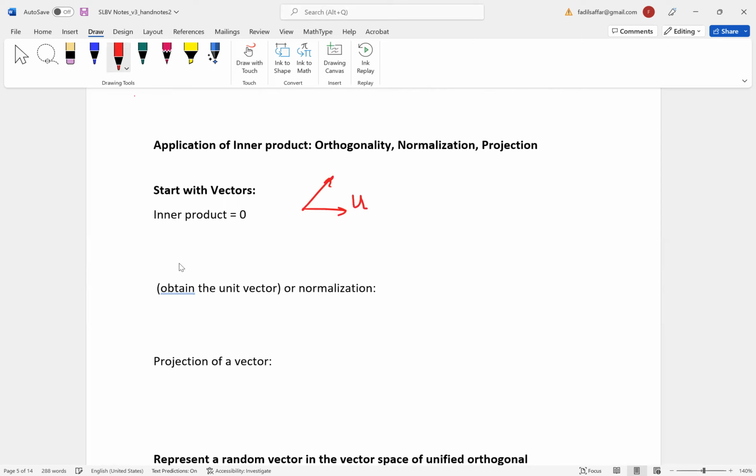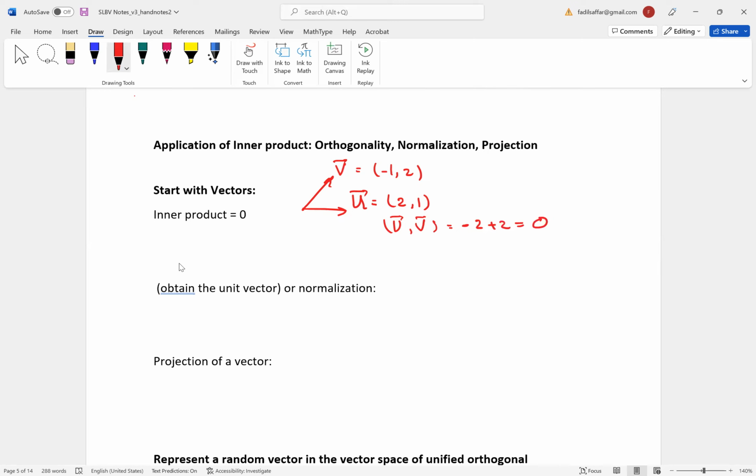So if we have u equal to (2, 1) and v equal to (-1, 2), and we perform the inner product of these two, that would be -2 plus 2, equal to 0.